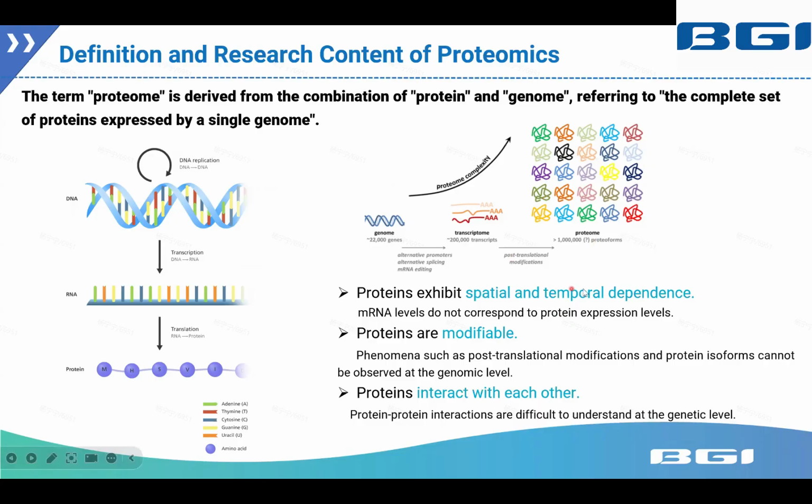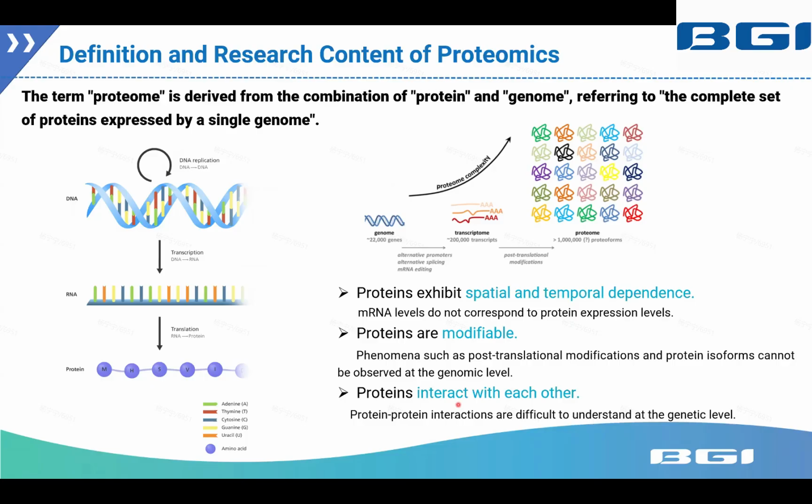For example, proteins have spatial and temporal dependence, and mRNA levels do not necessarily correspond to protein expression levels. Proteins can also be modified, and post-translational modifications and isoforms cannot be seen at the gene level. Protein-to-protein interactions are also hard to understand at the gene level.